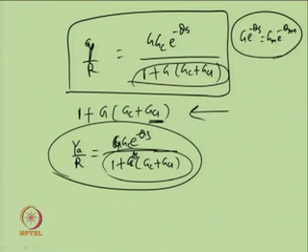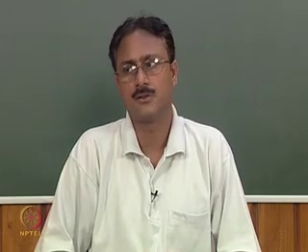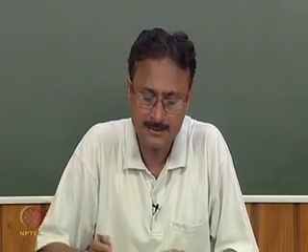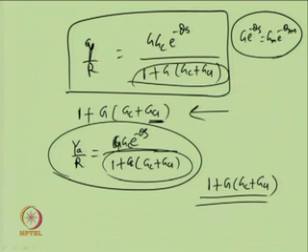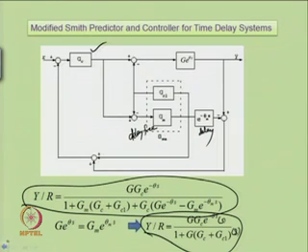The denominator has time delay in it, thus making our life difficult to design controllers conveniently, but the modified Smith predictor will not have the time delay term, thus giving us the denominator as 1 plus G G c plus G c 1. So, the benefits of the series feedback compensation schemes are also present in this modified Smith predictor and controller structure.